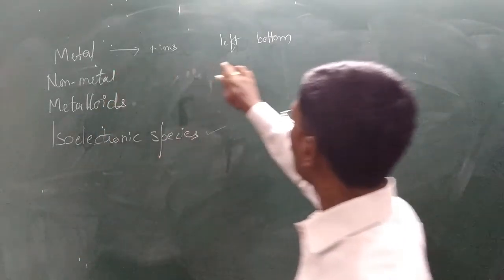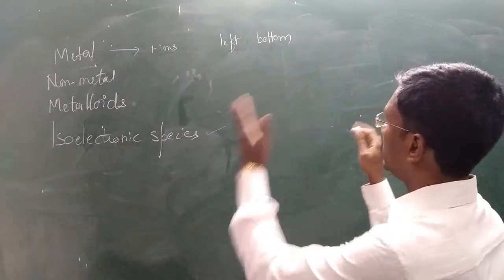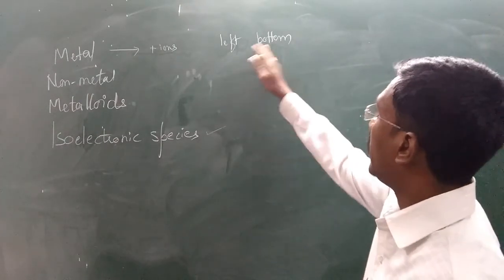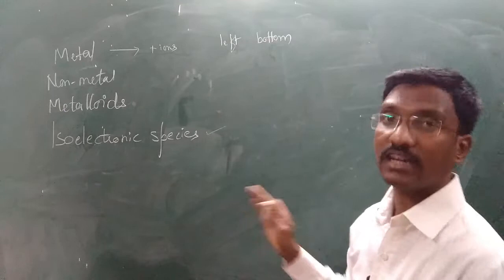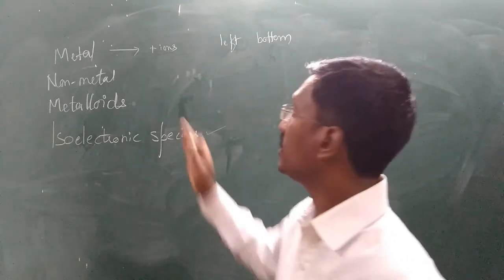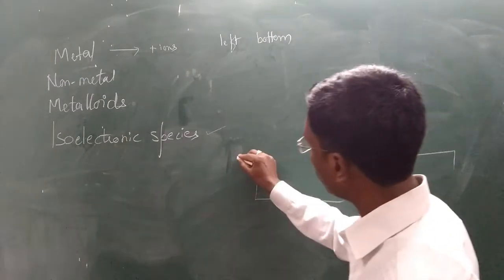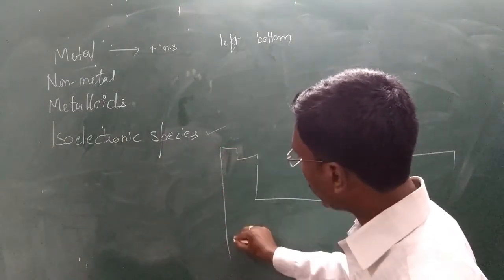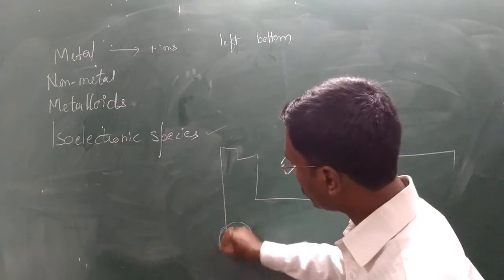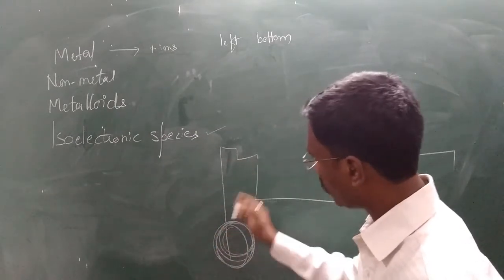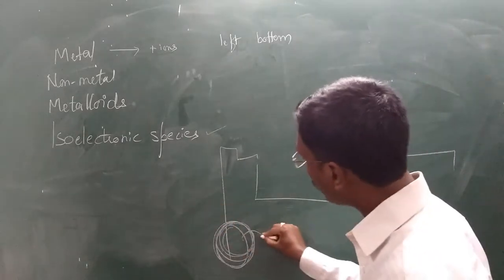Similarly, these elements are in the periodic table on the left side, and the metallic character is greater at the bottom. It means that on the left side in the S block, at the bottom, the atoms easily donate the electron.